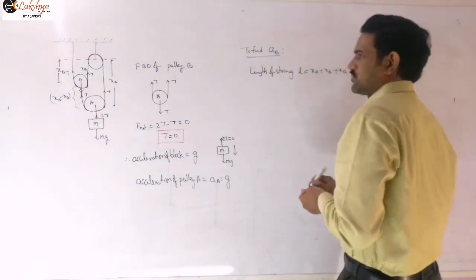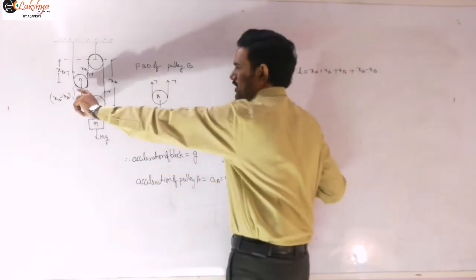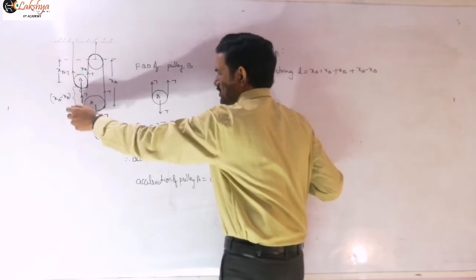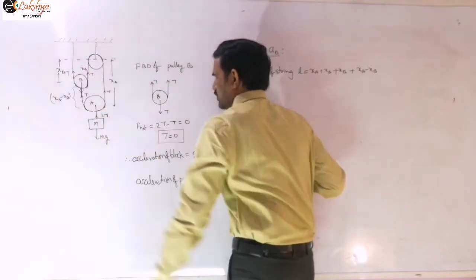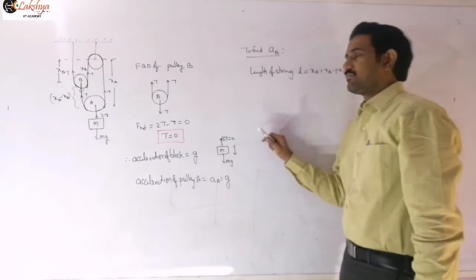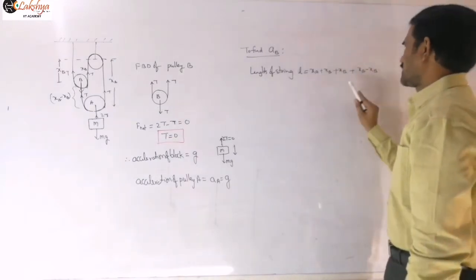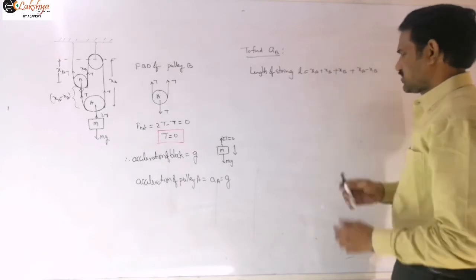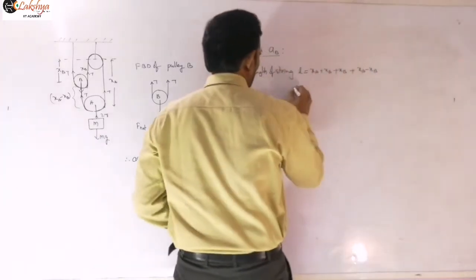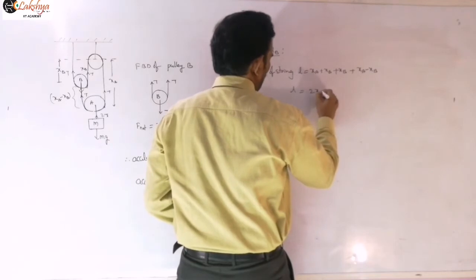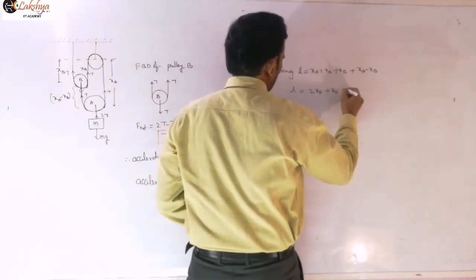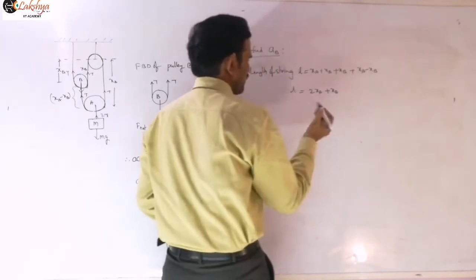Is it clear? The total length. So this is XA, and this will be XA minus XB, this XB, and this also XB. Now we get this expression, and you can simplify the length of the string as 2XA plus XB.